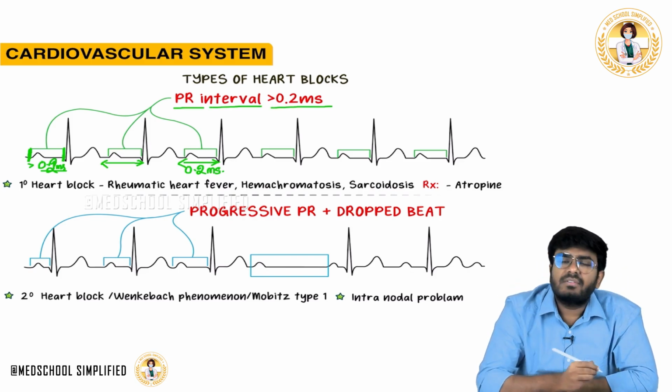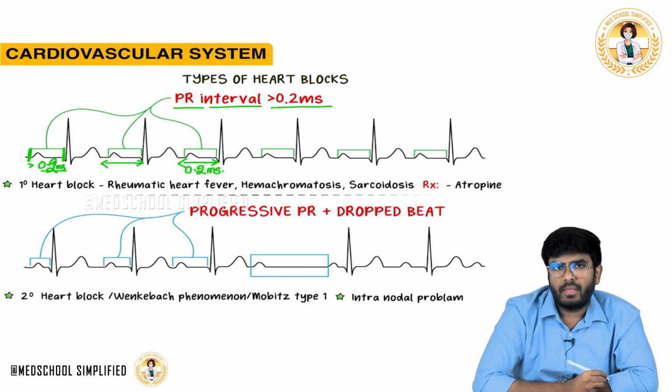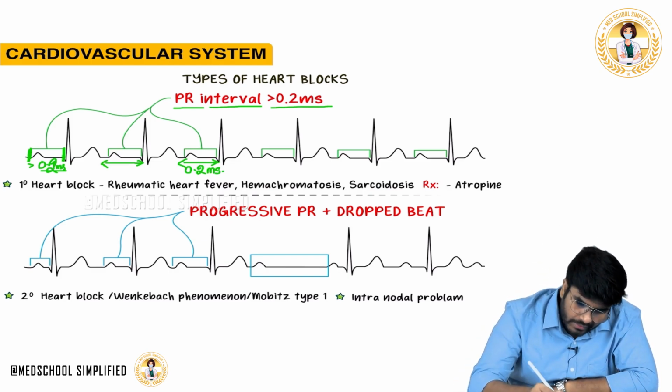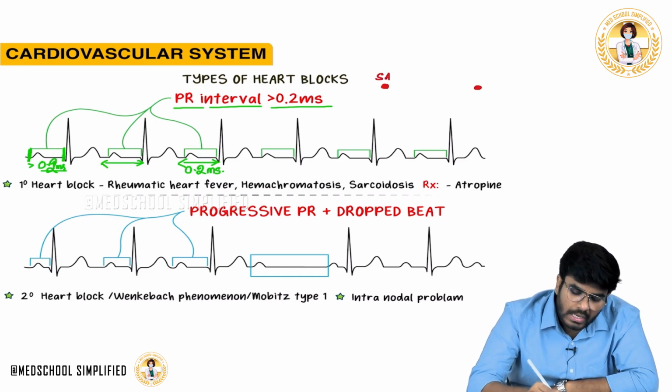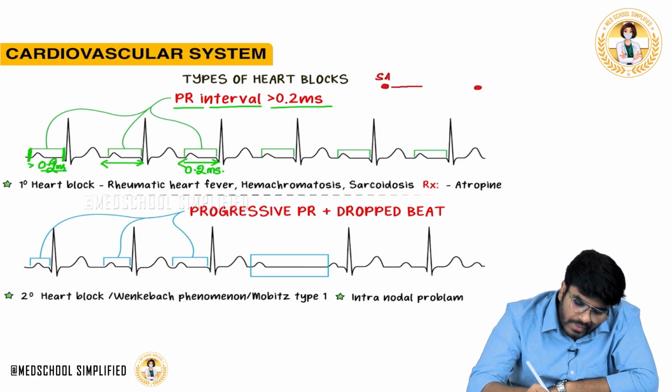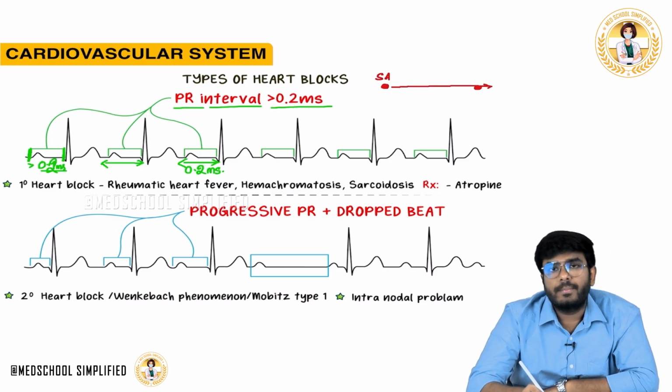Now you can ask me, sir, what is the cause of first degree heart block? Why is this happening? Let me tell you in a very simple way. Think that this is the SA node and here is the AV node. The impulse has to go from the SA node to the AV node.